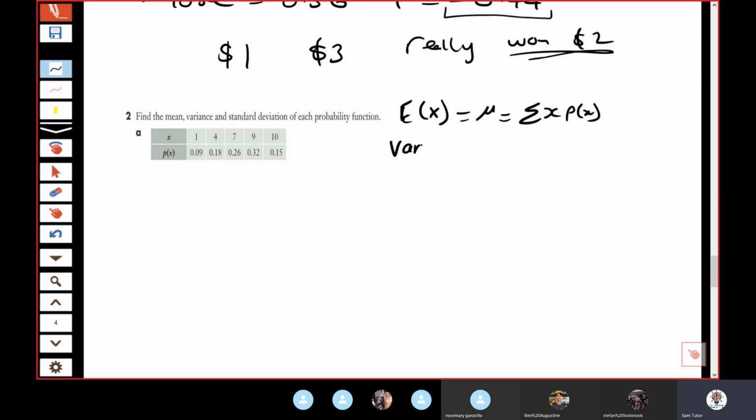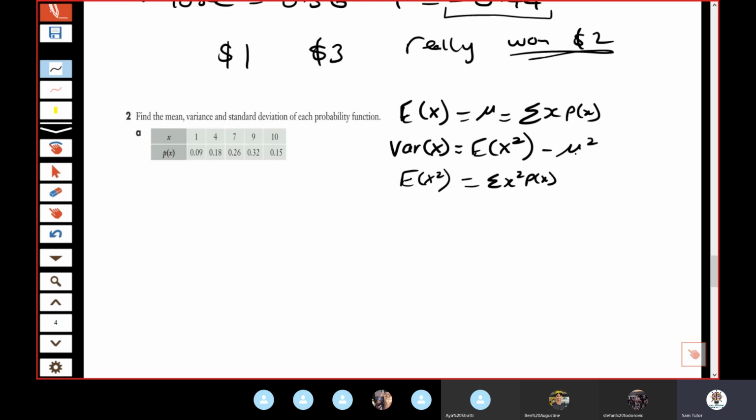Your variance of x is equal to, there's a few ways, but I would like you guys to get used to the second way because it's more relevant for our Year 12 topics as well as university. And then E of x squared is just the sum of x squared multiplied by the probability.